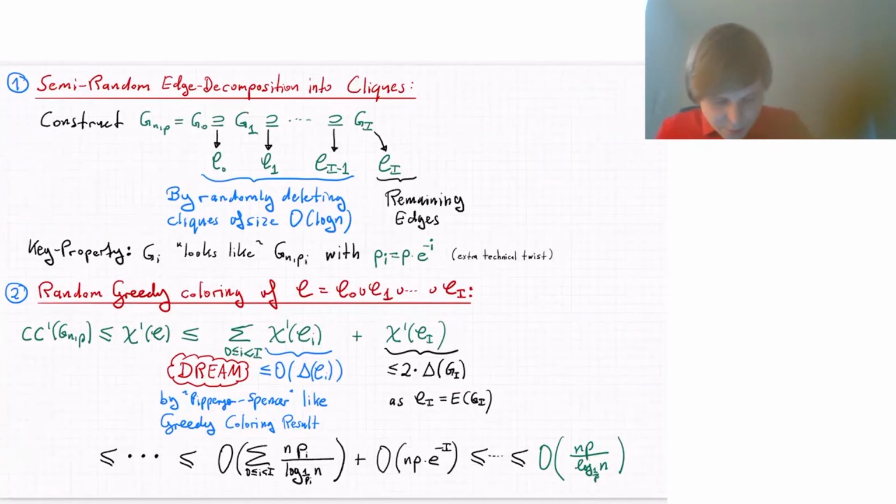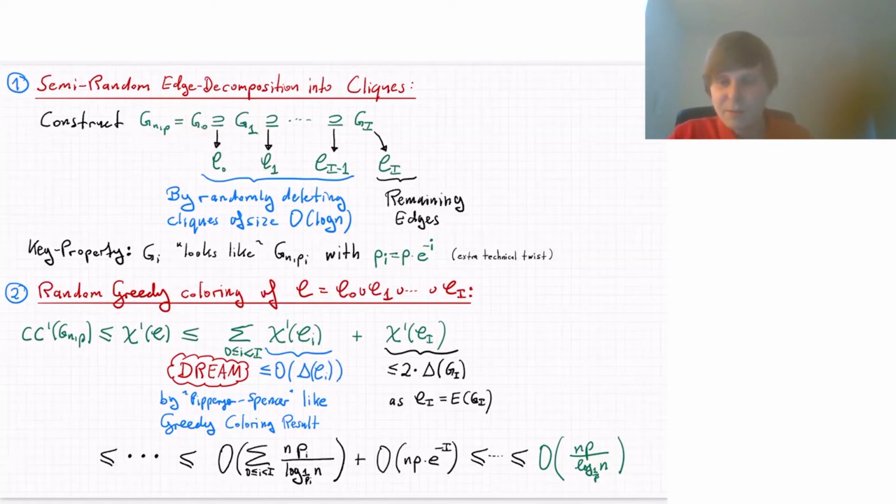The natural approach that we take here is to gradually sparsify the random graph G(n,p). So the idea is we start off with G(n,p), let's just denote it by G0. Then we're going to take out some cliques of this graph G0. Basically, we randomly delete certain cliques of size order log n.